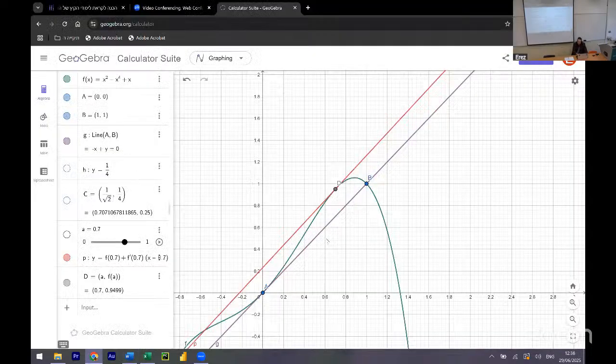So that's the point here. A is (0, 0), B is (1, 1).